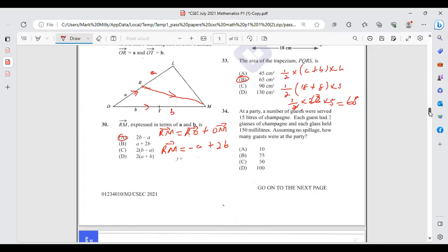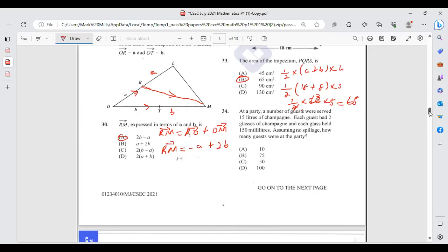So would you multiply the 150 by 2 to get the amount each guest would have? Hold on, let's take it step by step.